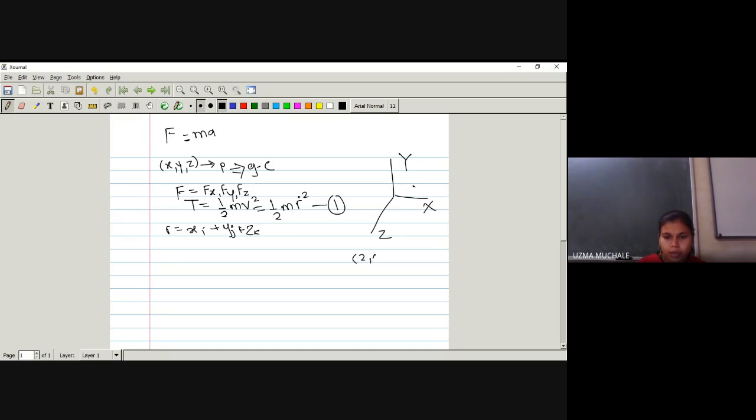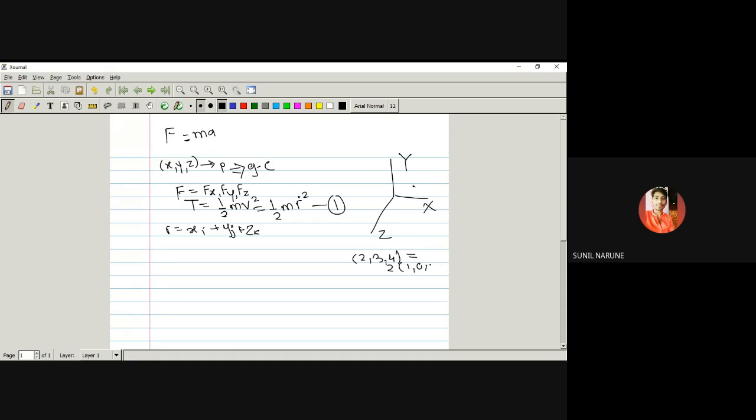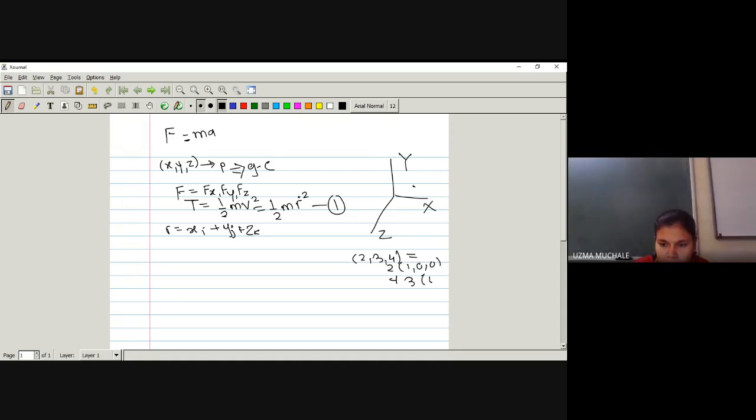Any vector, say 2, 3, 4. If I want to write it in the form of basis vectors, what I will write is, it is equal to 2 times (1, 0, 0) plus 3 times (0, 1, 0) plus 4 times (0, 0, 1).